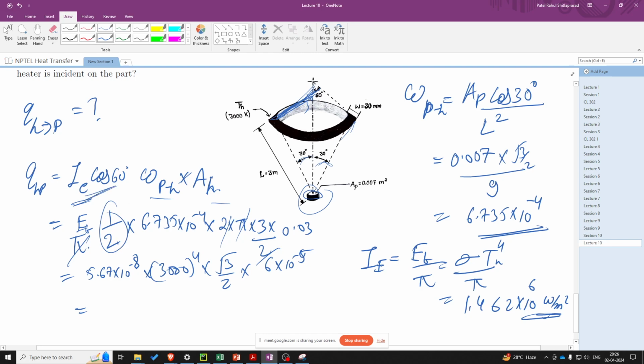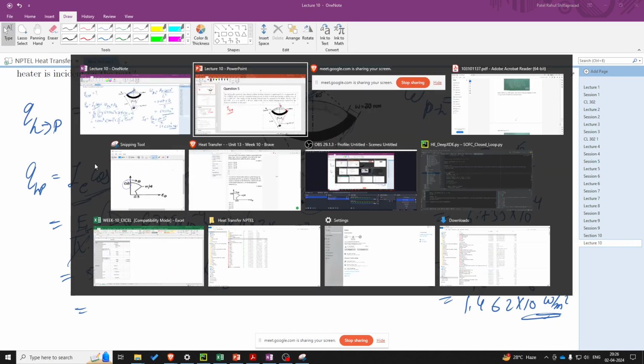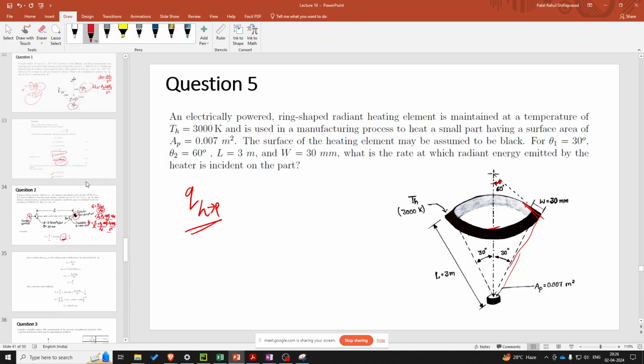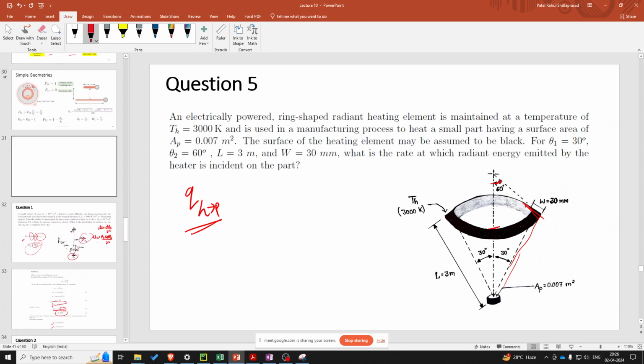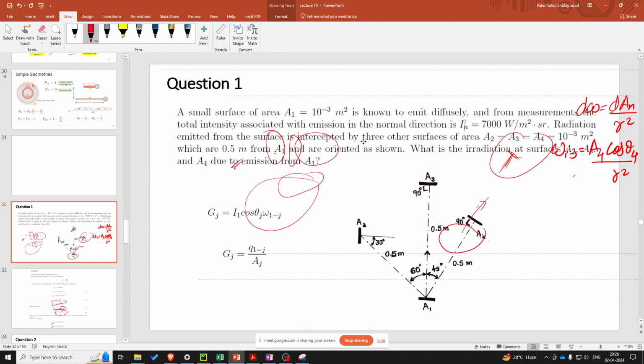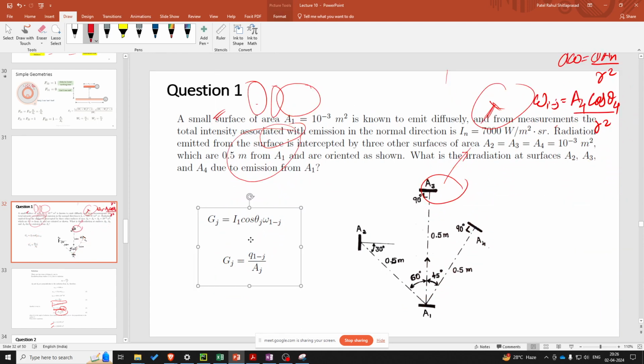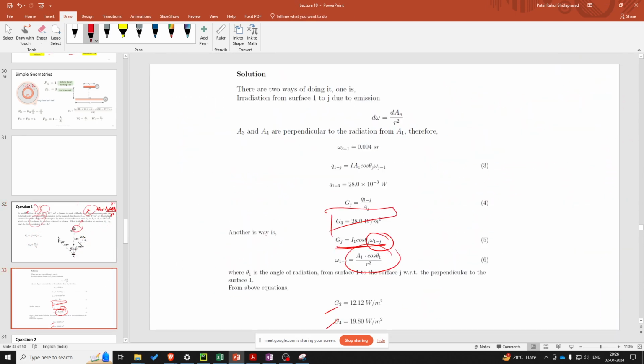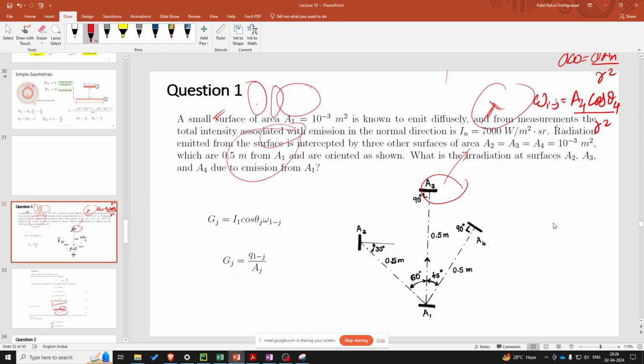So we saw this formula over here in the first question. If we have to find the radiation emitted from object 1 to object J, you have to consider first the angle it makes with the perpendicular.